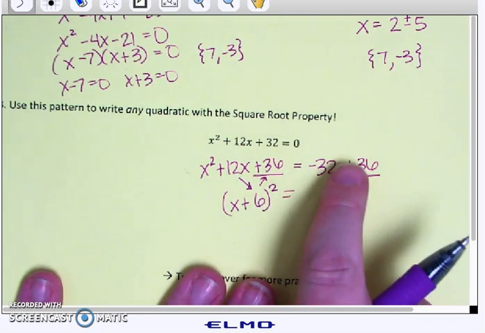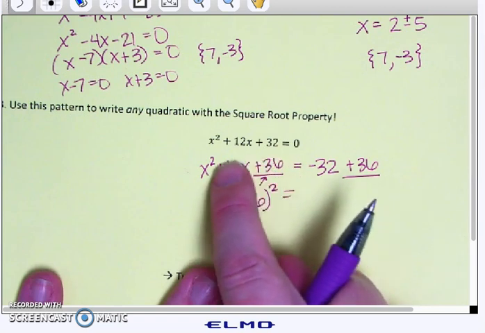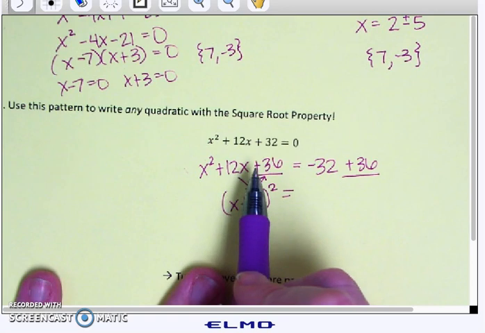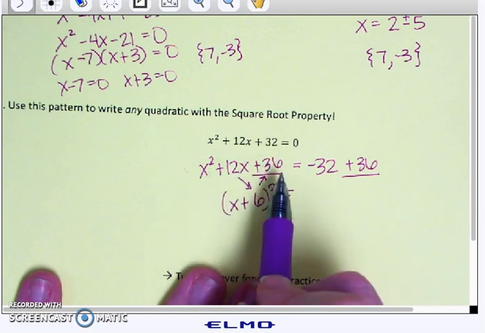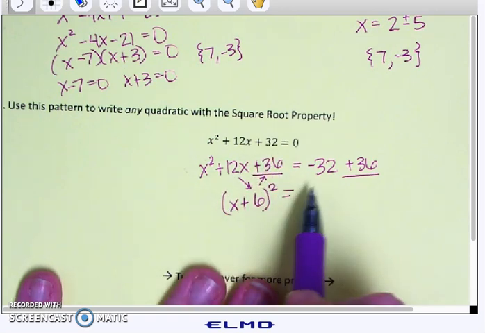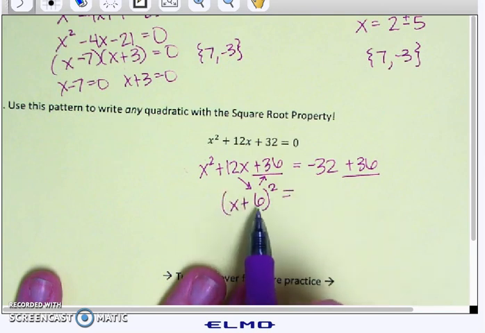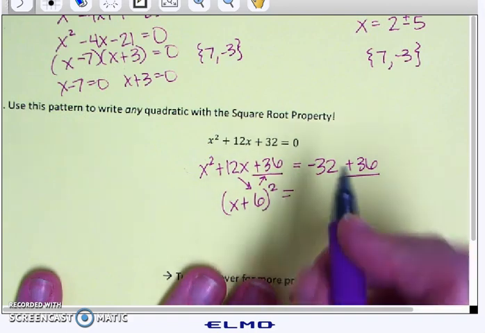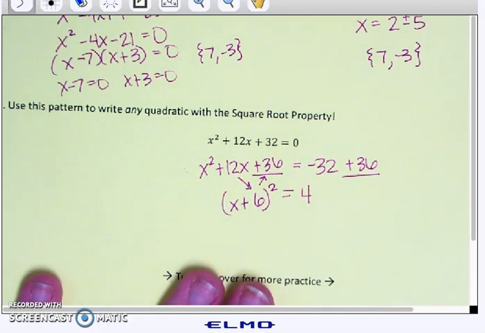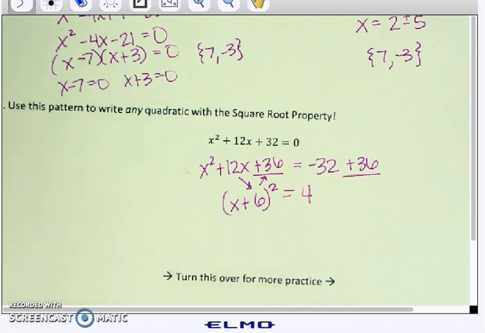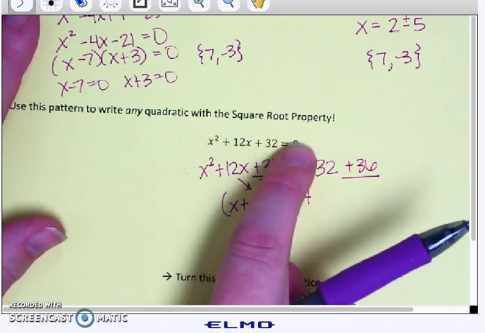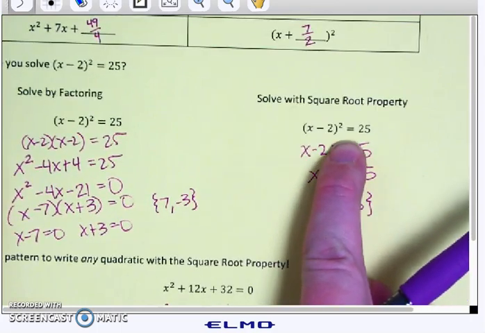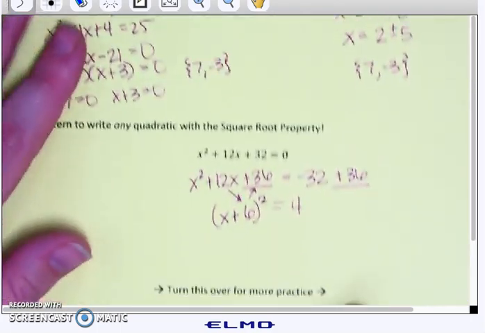So we have rearranged some terms. We moved 32, and then we filled in a missing piece to make the left-hand side a perfect square trinomial, which now is written as x plus 6 squared. And the right-hand side, we can now write as negative 32 plus 36. We just took something that was not a perfect square trinomial and wrote it like one so that we can use the square root property.